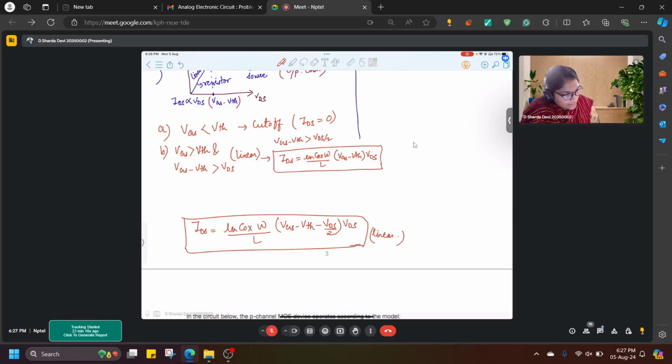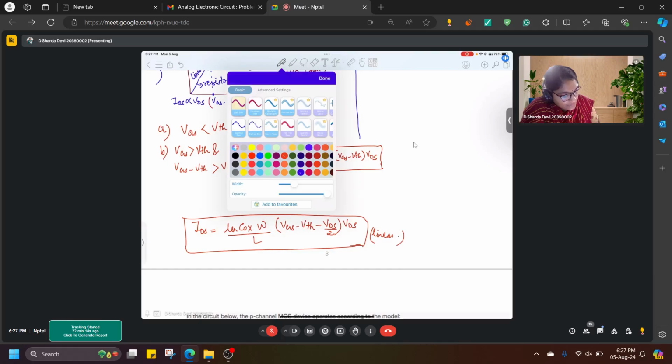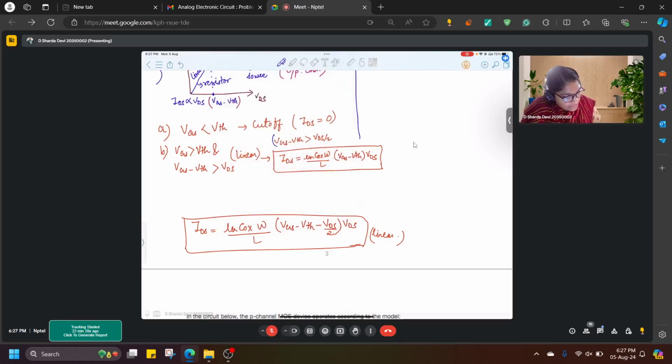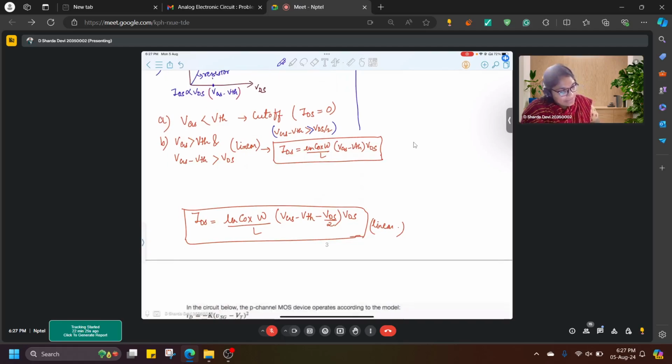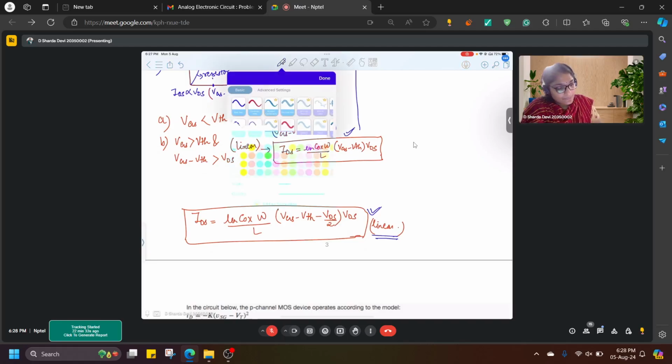Okay, so this is for this condition. It's much greater. This can also be used in linear, but if this is the condition, then we can further simplify the formula.